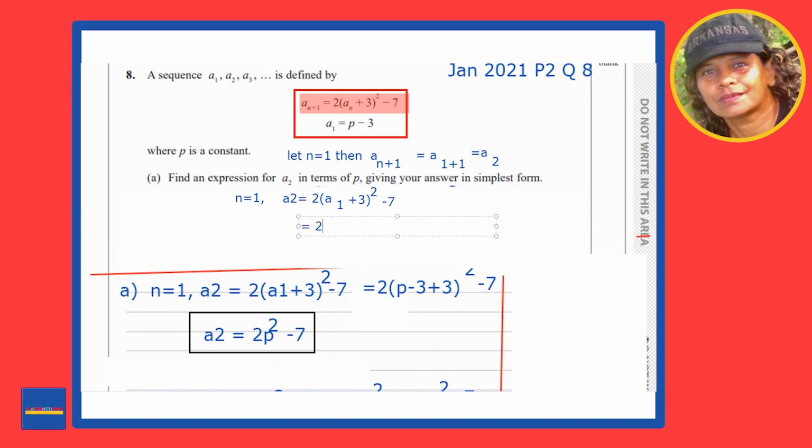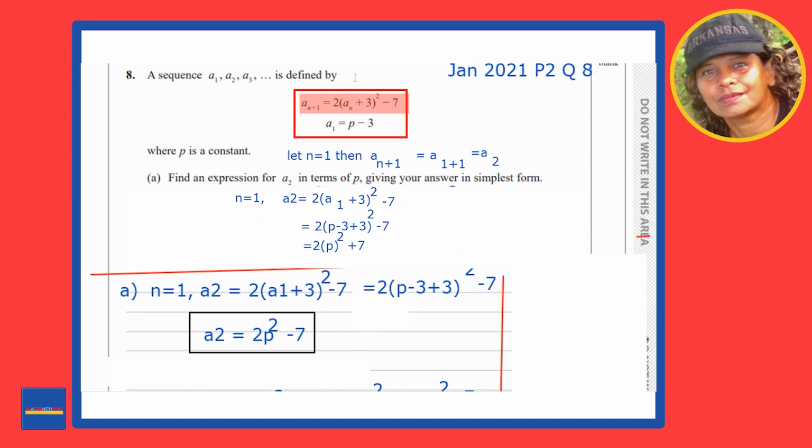So here we have 2, and what is A1? A1 is P minus 3. So I have (P minus 3 plus 3) squared minus 7, which is equal to 2 into, P minus 3 plus 3 is P, and it's P squared minus 7.